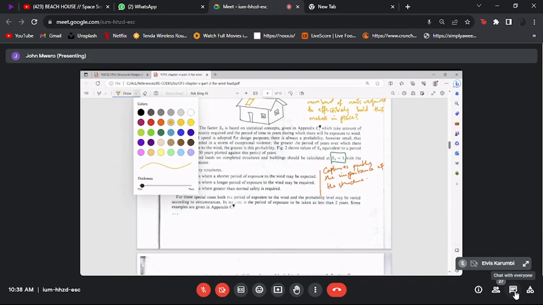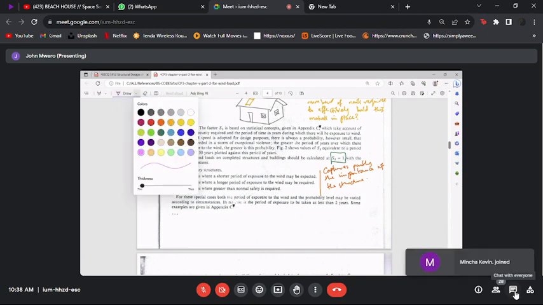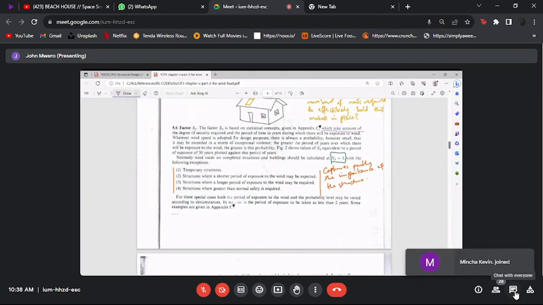It takes into account the degree of security required and the period of time in years during which there will be exposure to wind.